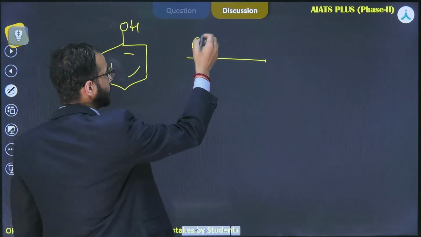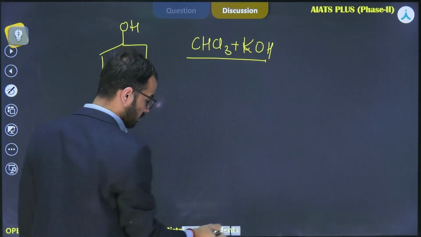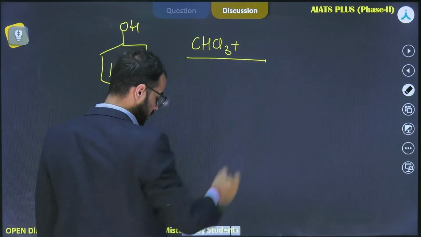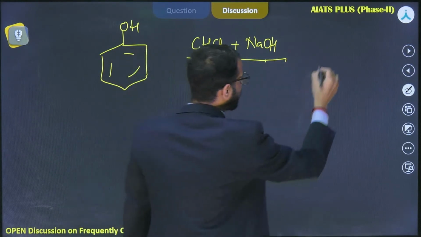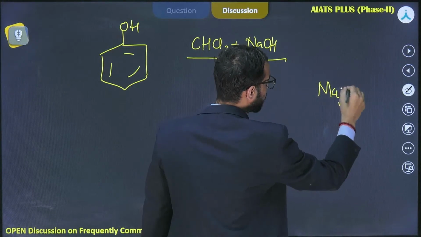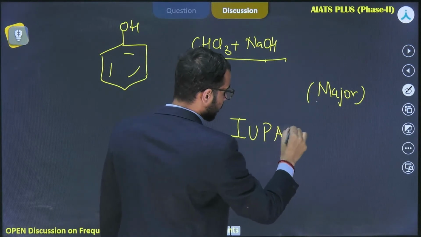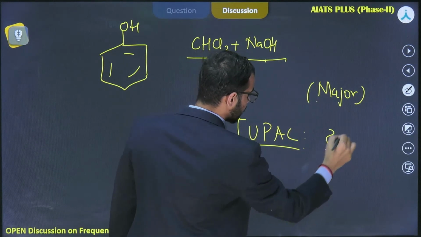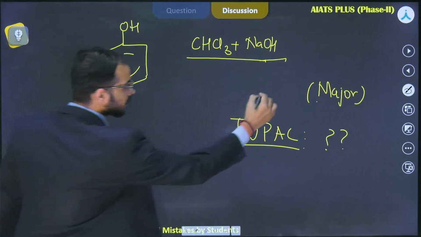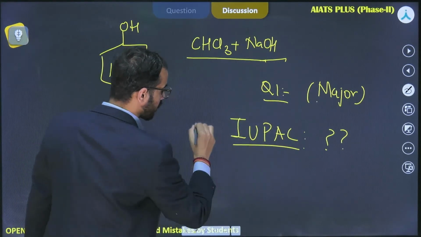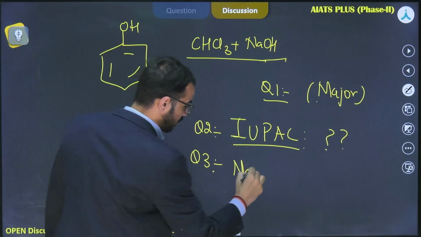Let us try to take it very simple. What is the major product formed, and what is the IUPAC name of this? Do solve it. This is question number 1, question number 2, and question number 3 is the name of this particular reaction.